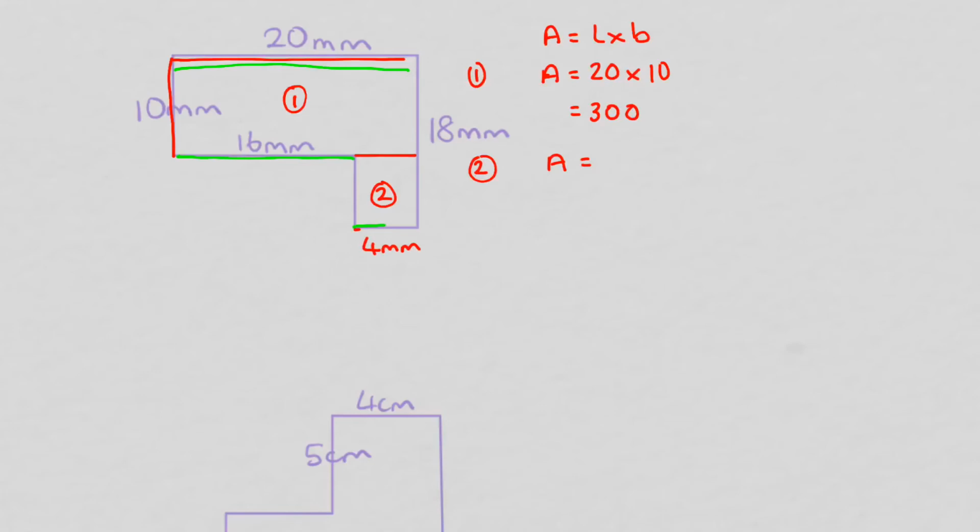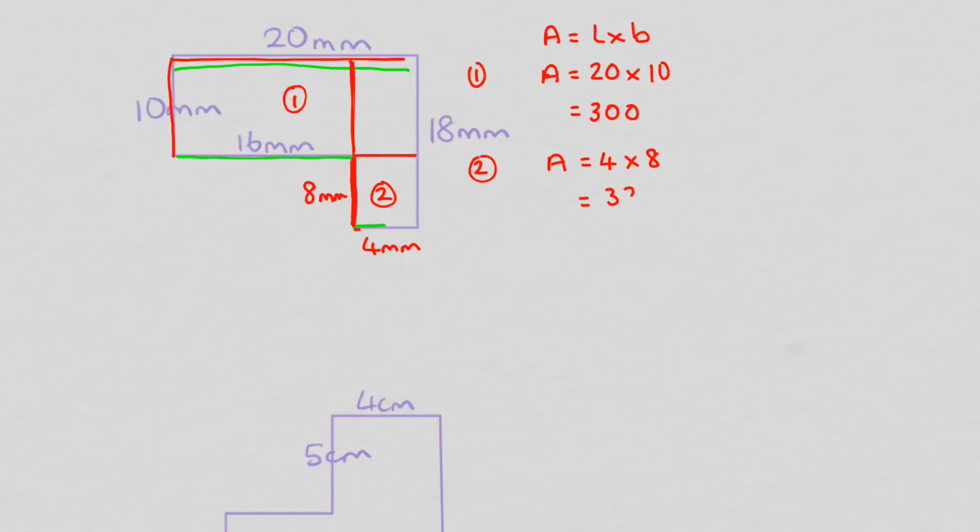And the breadth of this rectangle here, well, this one and 10 make 18, so that must be 8. So we've got 4 by 8 for this little rectangle at the bottom, rectangle 2.